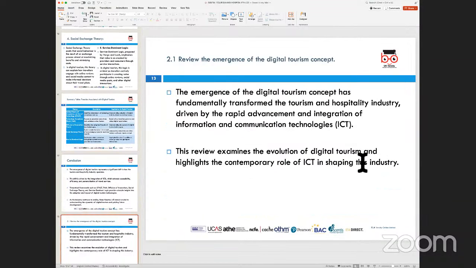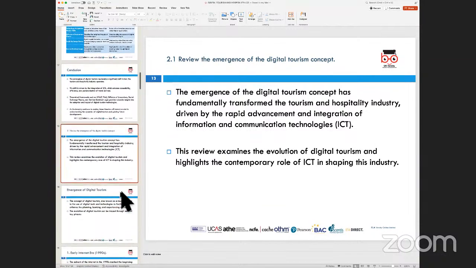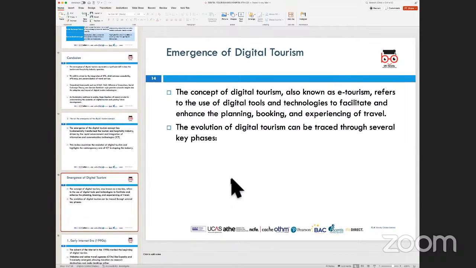Now, let's look briefly at some of the assessment criteria, after the coverage of the overarching aim of the learning outcome. So the first one talks about a review of the concept of digital tourism. Here, what you'll have to do is recap how the tourism landscape is essentially changing. So when we talk about the tourism landscape and use a term like digital tourism, we are looking at the various tools and embodiments which can help organize this sector a bit more.